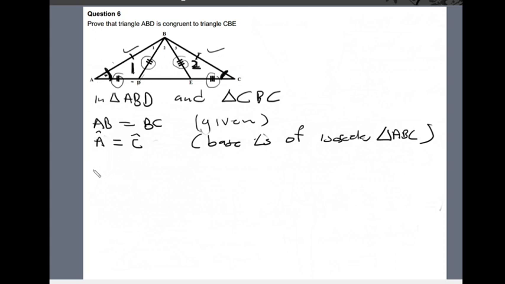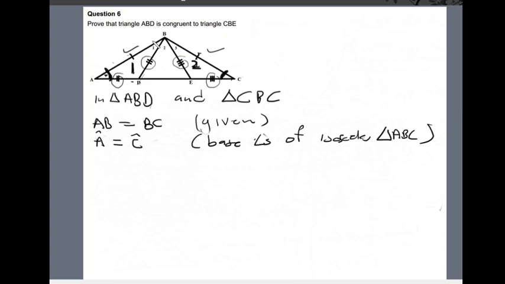And then what else? So we've shown that AB and BC are equal because this is given, and we've seen that A and C are equal, and then I hope you're still following.